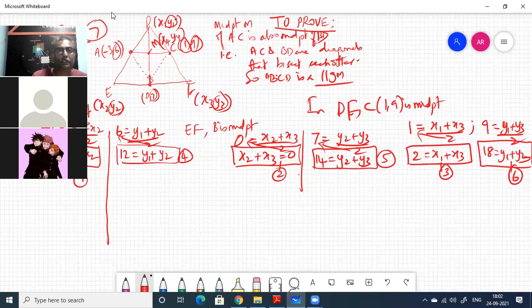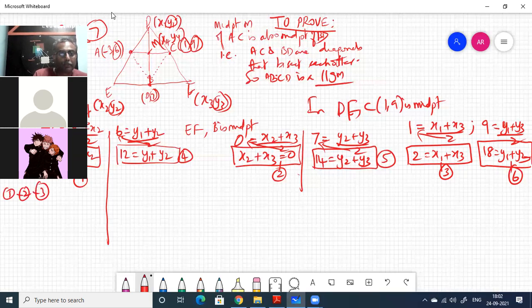What you can get now is BD. Once you get BD and you prove that it has the same midpoint for BD also, you have got the problem correct. Now you add up 1, 2, and 3: 1 plus 2 plus 3.